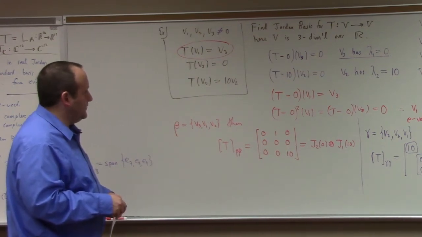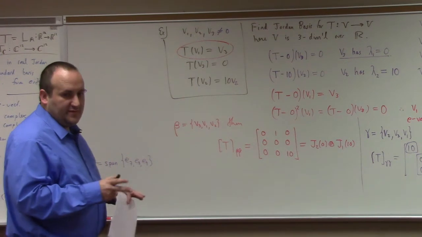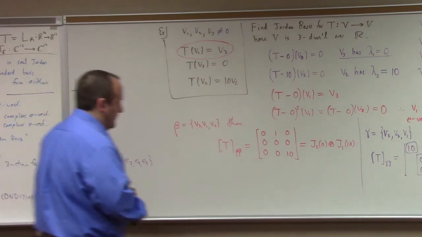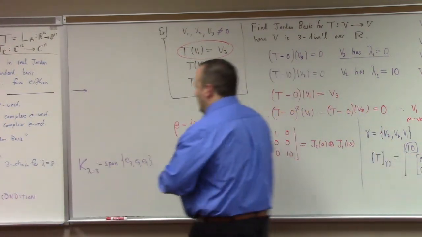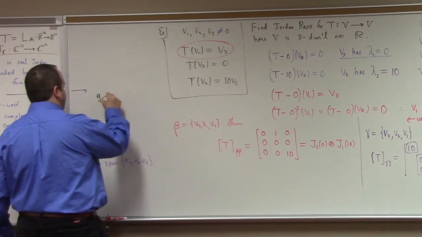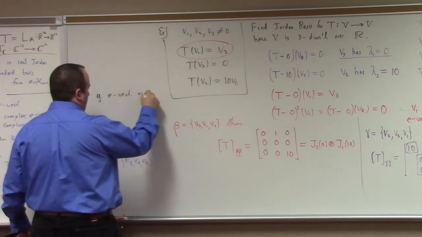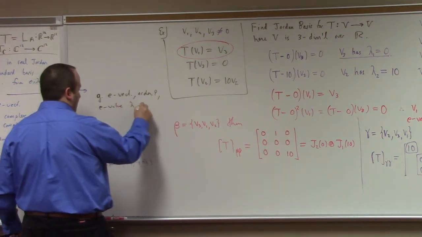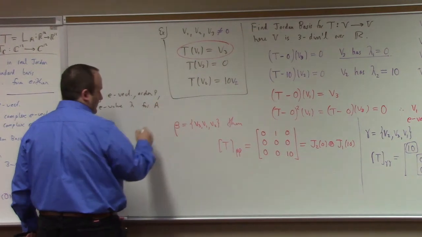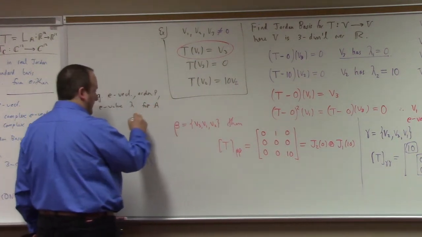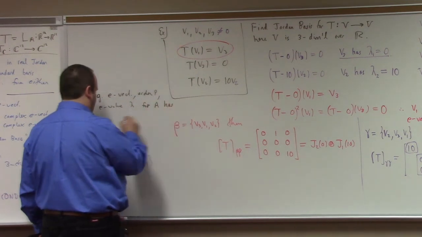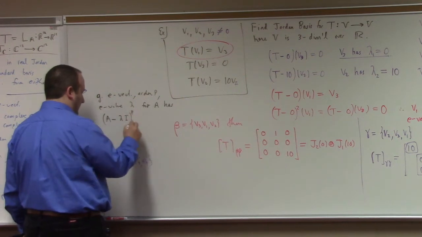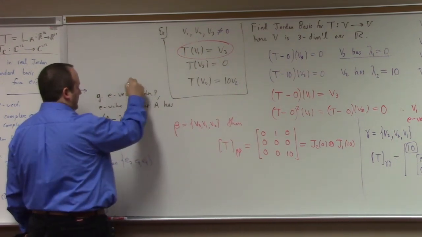So again, with this right here, we defined a generalized eigenvector to be something of the form: a generalized eigenvector of order p for eigenvalue lambda for A or T. The same pattern, right? But it has (A minus lambda I) to the p power. Let's call that eigenvector v.